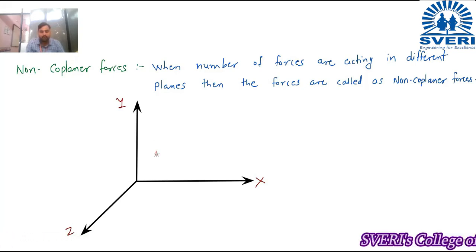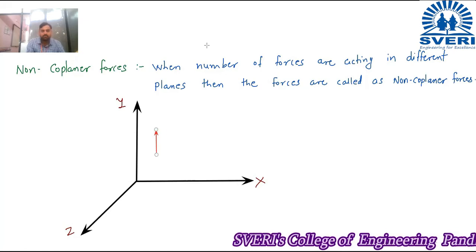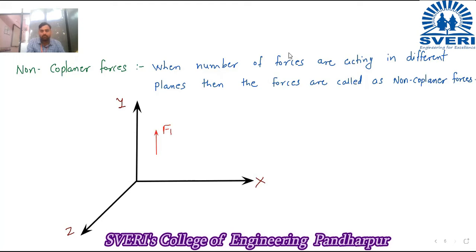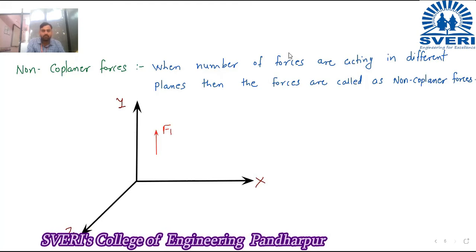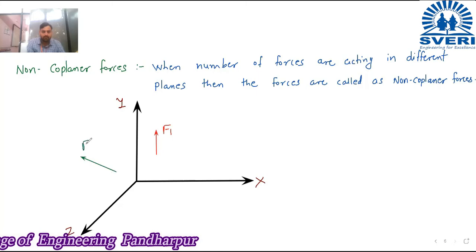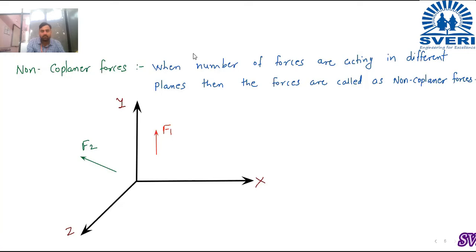Here the F1 force is acting. This is my force F1. Somewhere here the F2 force is acting like this. This is F2. And now my third force, if it is acting over here like this, this is F3.